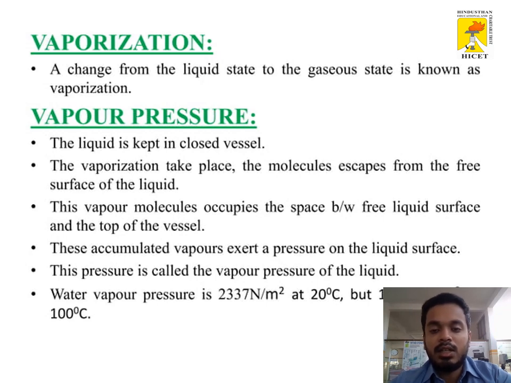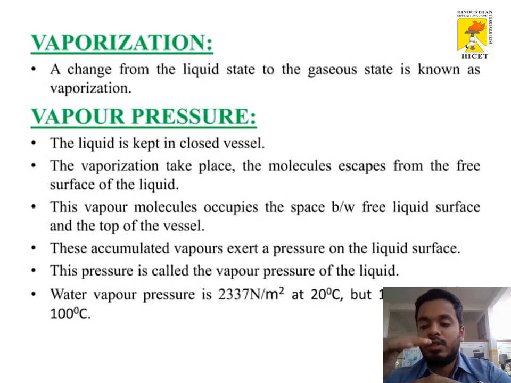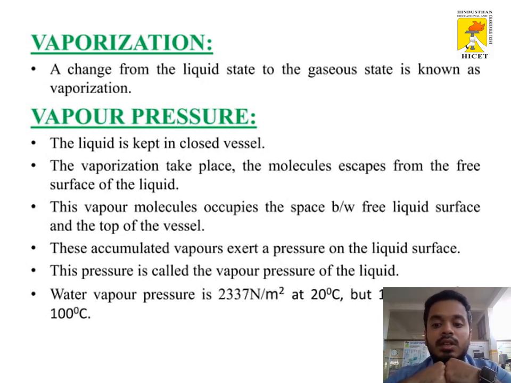The accumulated vapors exert a pressure on the liquid surface. This pressure is called the vapor pressure of the liquid. Vapor pressure of water is 233.7 Newton per meter square at 20 degrees Celsius.